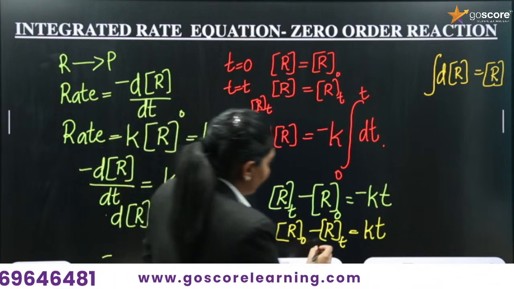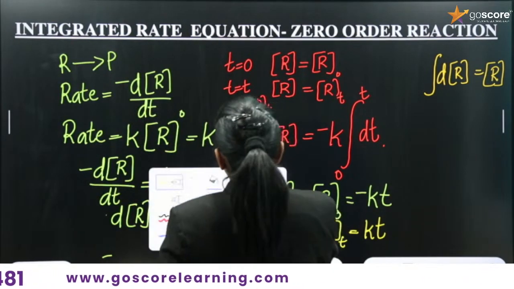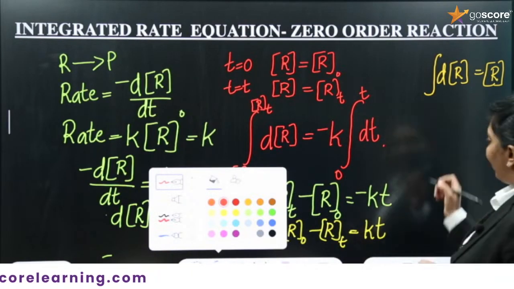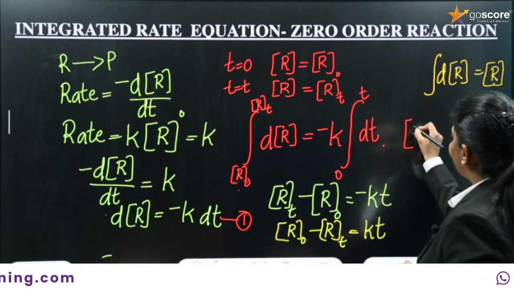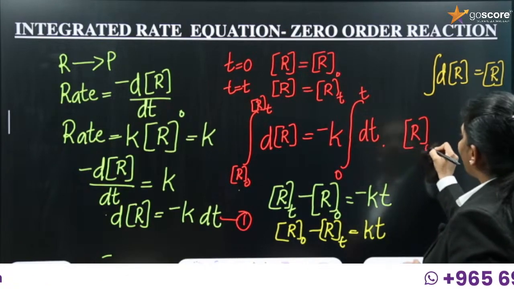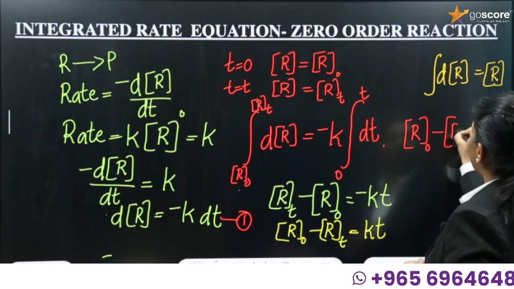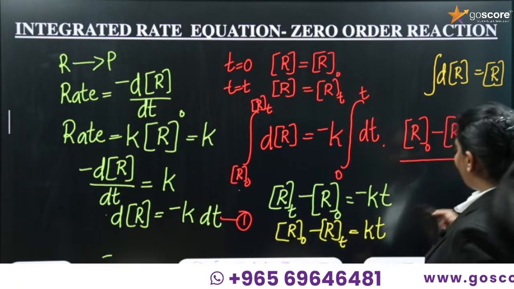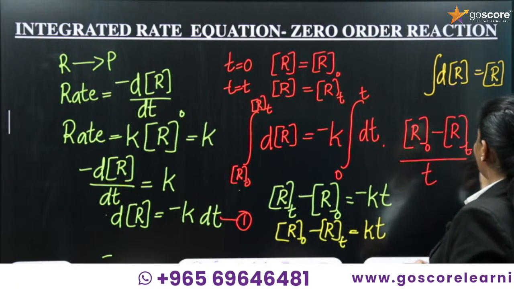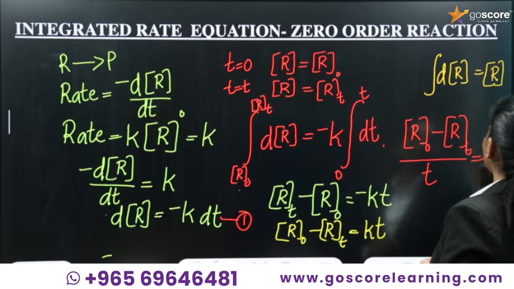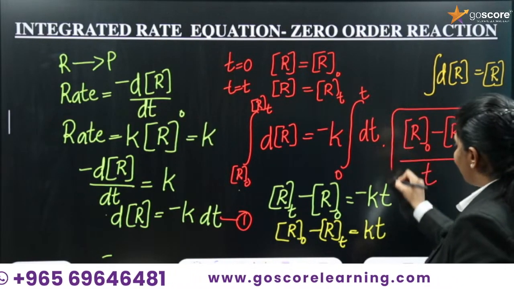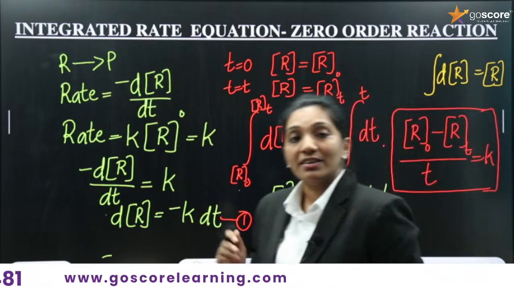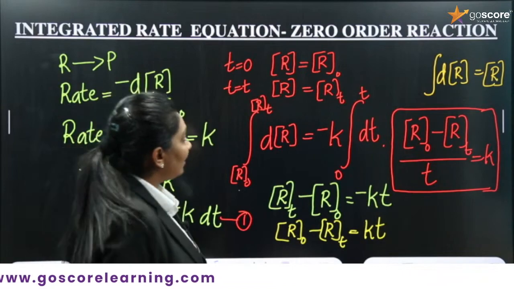Right? So then the equation will be R0 minus Rt is equal to kt. If I rewrite it, it will be R0 minus Rt, I am taking the t on the left side, then it will be divided by t, is equal to rate constant k. This is the integrated rate equation for zero order kinetics, right?